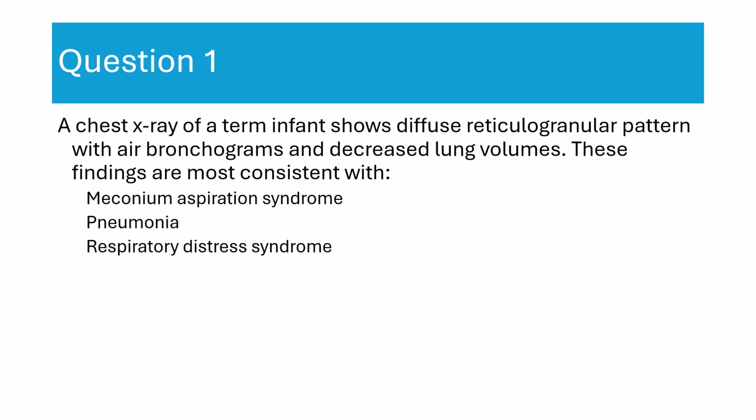Meconium aspiration syndrome is incorrect because MAS typically shows hyperinflation with patchy, coarse infiltrates and areas of consolidation alternating with areas of hyperinflation, not the diffuse pattern described. Pneumonia is incorrect because while pneumonia can show consolidation and air bronchograms, it typically appears more patchy or lobar rather than the diffuse pattern characteristic of RDS.